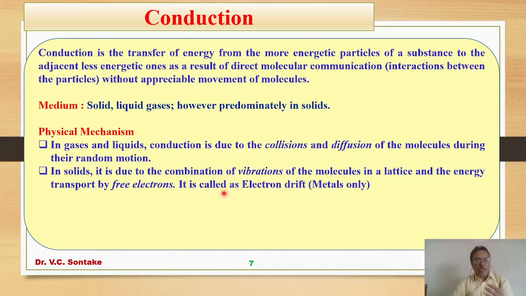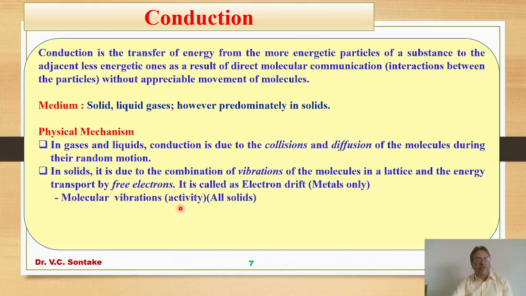If the solid is particularly a metal, the heat transfer takes place due to movement of free electrons and it is called electron drift. And electron drift is the predominant mechanism by which heat transfer takes place from one end of the metal to another end by conduction.